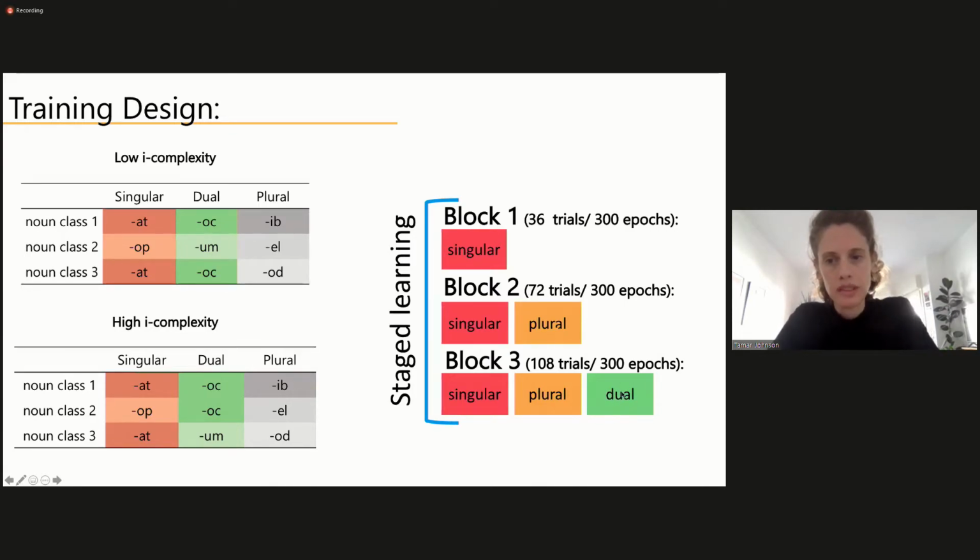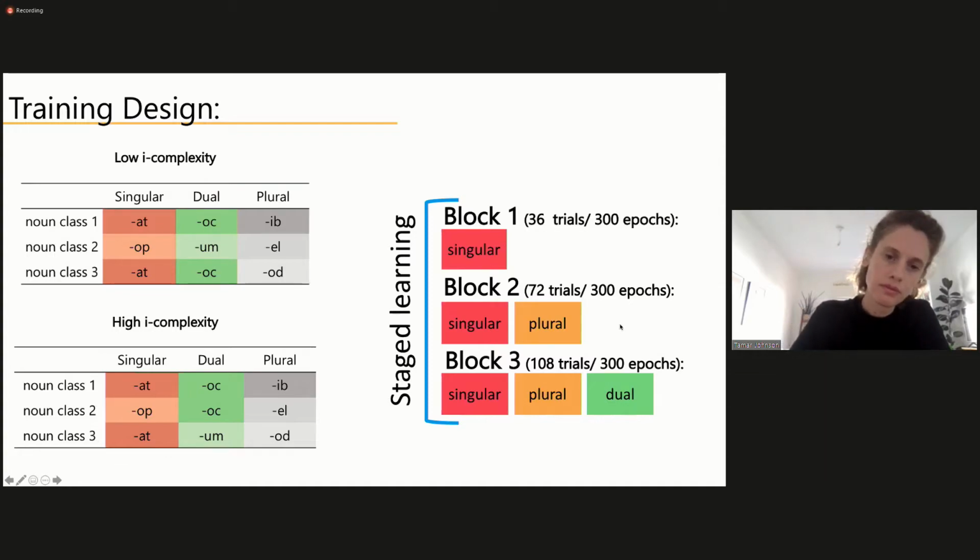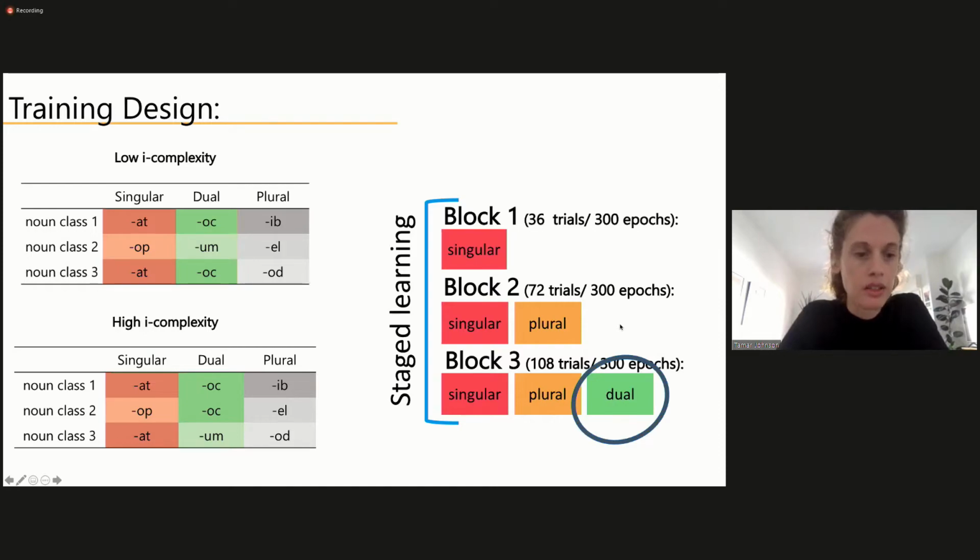We used this design to increase the likelihood of learners exploiting the predictive relationships in the paradigm. Given that they already know the singular forms very well, would they use them when coming to learn the dual forms? And the critical measure of learning was accuracy on the dual forms.